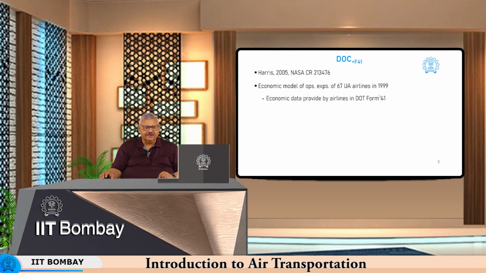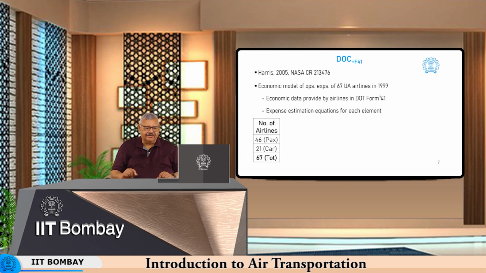Interestingly, this was possible because the Department of Transport introduced a form called Form 41, in which it asks the operators, the airlines, to provide information regarding certain parameters in each of the flights. So, this economic data in the Form 41 was collected and studied, and using this information some equations were fitted on the data to arrive at some estimates. So, the expense estimation equations for each element were arrived at.